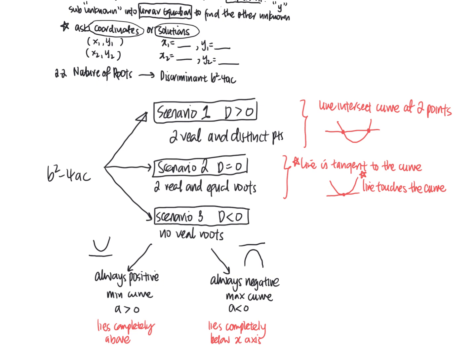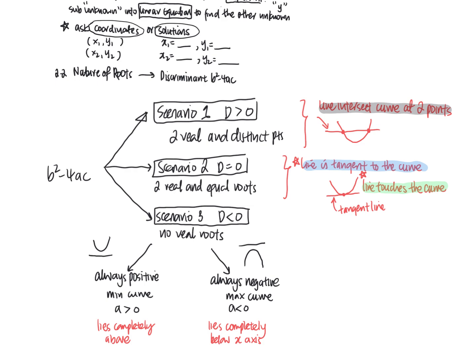The straight line touch the curve at one point, then we call it a tangent line. This straight line touch it at 2 points is not a tangent line. Yeah, so this is the tangent line. Okay, so they use other words to represent the same thing. So either this or this. Okay, this one is line intersect the curve at 2 points.